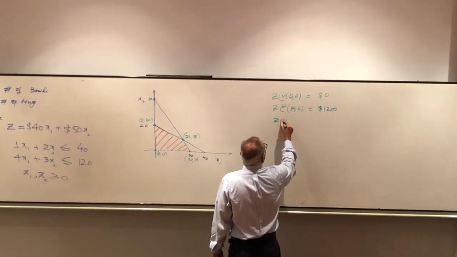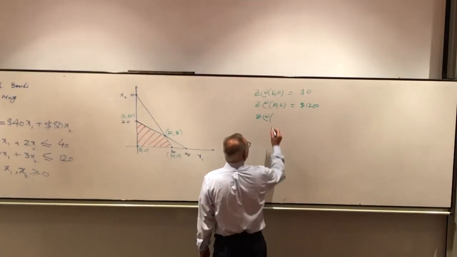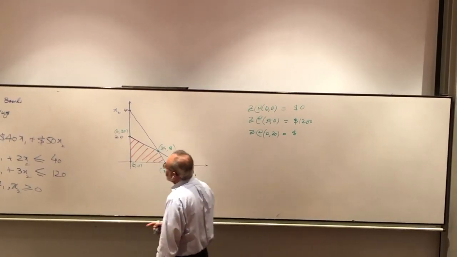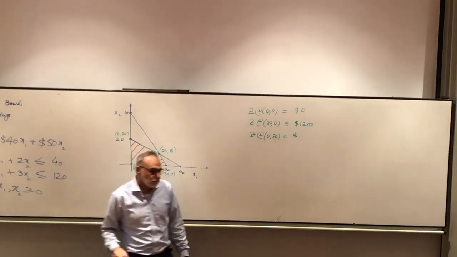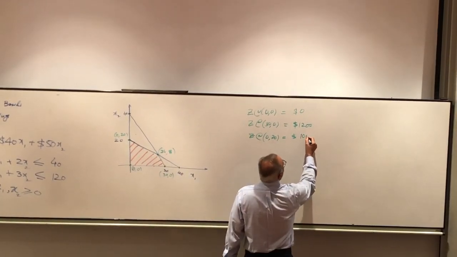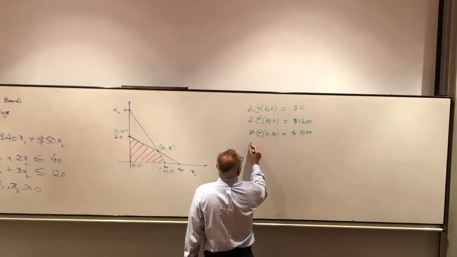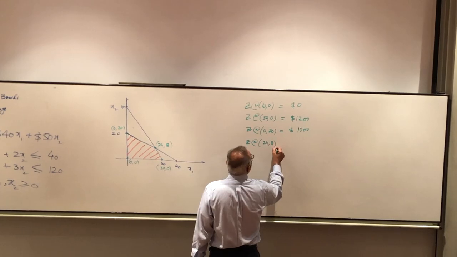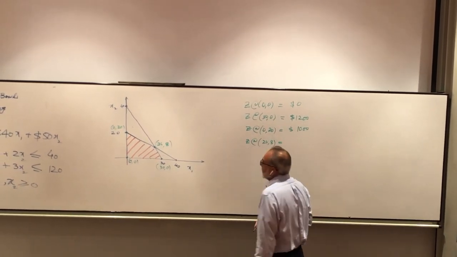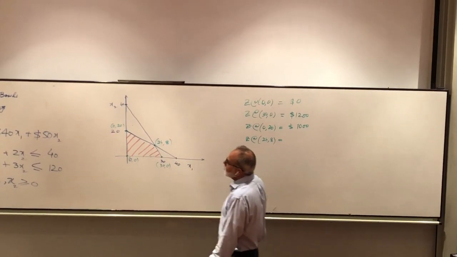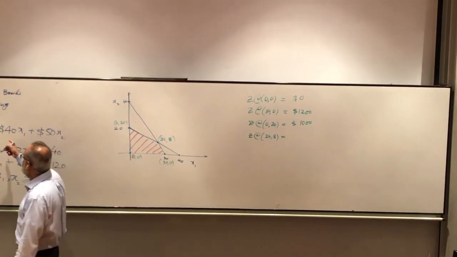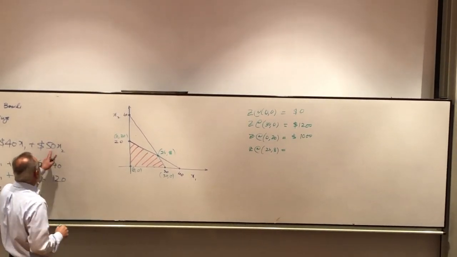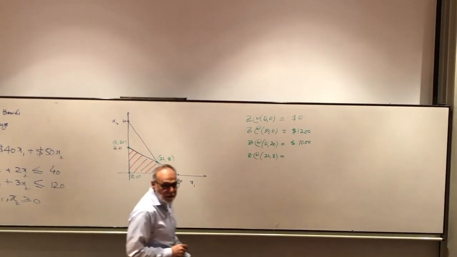And Z at (0, 20): 20 multiplied by 50 is 1000. And Z at (24, 8): 24 multiplied by 40 is 960, and 8 multiplied by 50 is 400. So this is 1360.